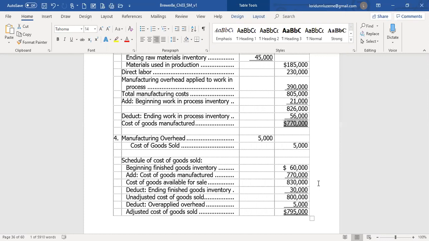Add to that the cost of all the goods that were finished manufacturing this accounting period. And we figured that out. Those are the cost of the goods manufactured. So that's the actual cost of any good that was finished, all the costs associated with it, $770,000. So the cost of everything we could have sold was $830,000.